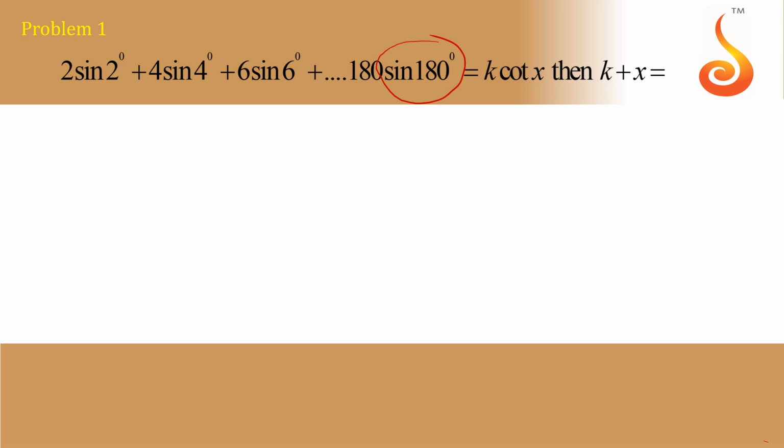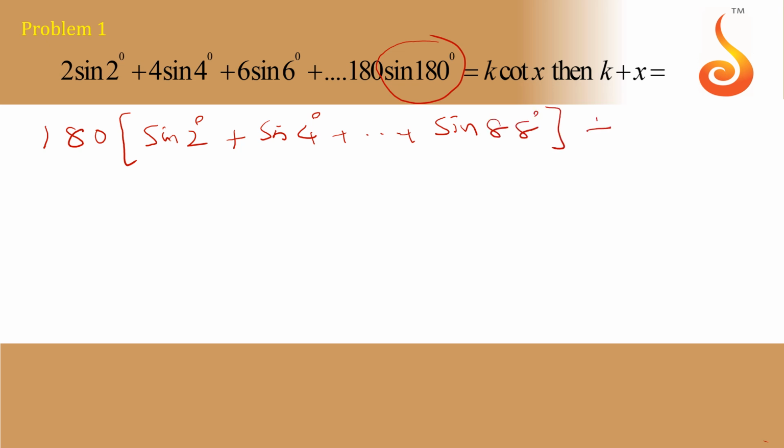So if we simplify this, 180 times you will have sine 2 degrees plus sine 4 degrees plus so on, sine 88 degrees, plus 90.